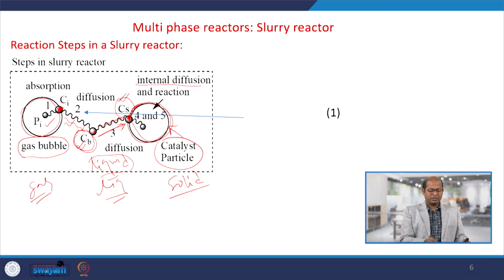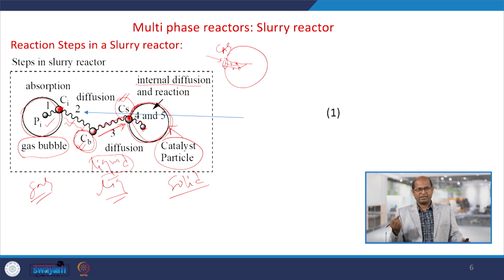Internal diffusion means it diffuses to the inside of the catalyst pores, as I said before. This is called the catalyst pores. Here catalyst active sites are there, and the reactant A enters the pores to the active sites of the catalyst and takes part in the reactions. This is called external diffusion and this is internal diffusion.